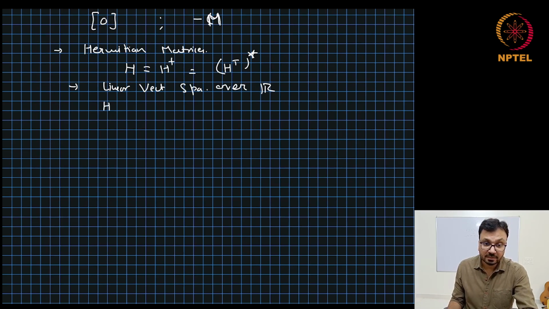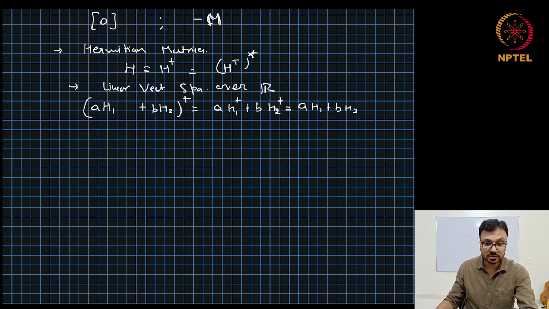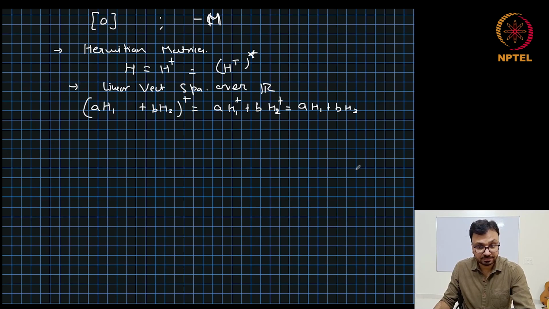So if we have a matrix H1 which is Hermitian, and H2 which is also Hermitian, and we multiply them with scalars A and B, and take the Hermitian conjugate, it will be A H1 dagger plus B H2 dagger, which is A H1 plus B H2. So it's the same matrix, it's Hermitian. In that way, it's closed over scalar multiplication and vector addition.